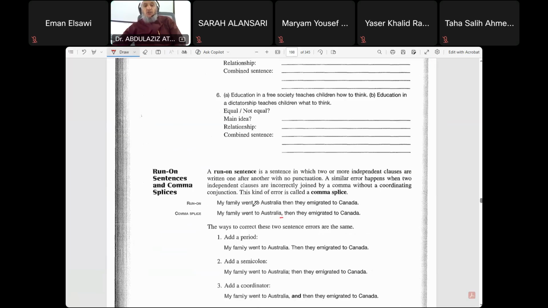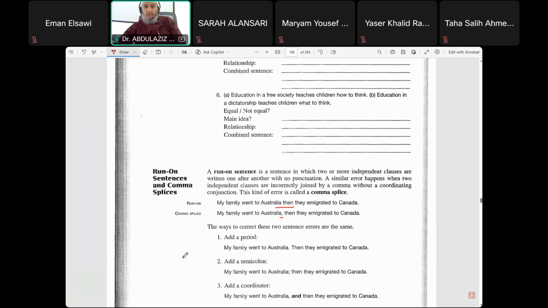My family went to Australia, then they immigrated to Canada. See, if it has no comma, it is called a run-on sentence. But if you put a comma, then it becomes a run-on with comma splice.